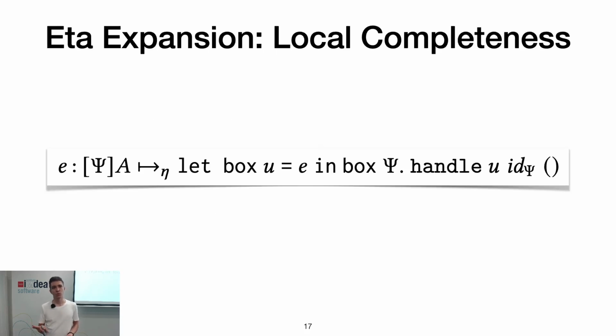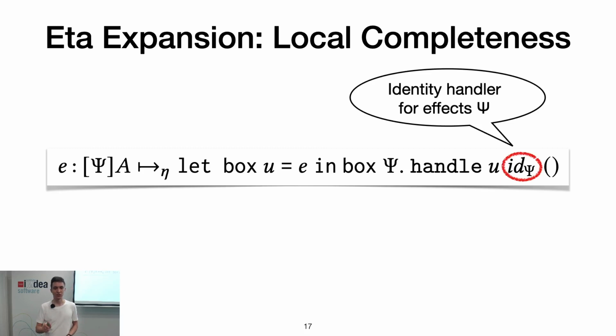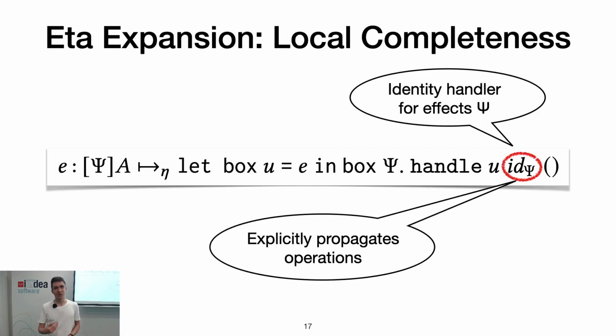So what I showed you before was what we call local soundness, that we can contract our constructor, or eliminate an introduction form, and we are in balance. Another side of that balance is local completeness, or eta expansion, that we can take our term of a box type and expand it. We expand it into a letBox that binds it and then reboxes it and handles it. But here we use a very special handler, which we call identity handler. What it does, it explicitly propagates the effects from one effect context psi to itself.